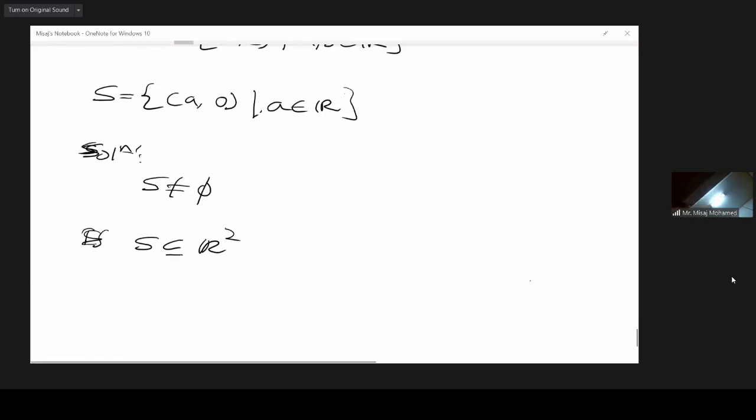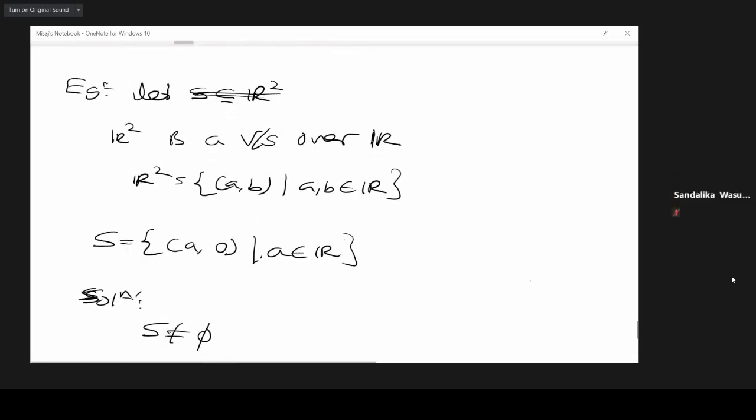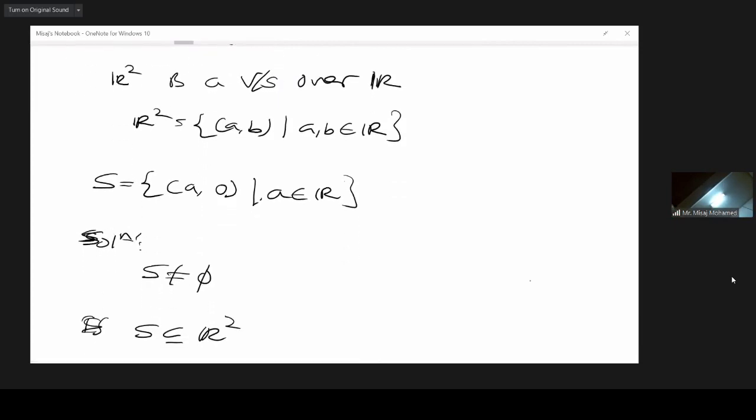Is S a subset of R2? Yes, sir. Definitely, because A comma 0 is an element of R2 as well; instead of B, here it is 0. Therefore, R2. So what are the addition and scalar multiplication here?